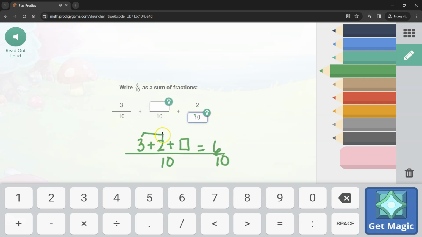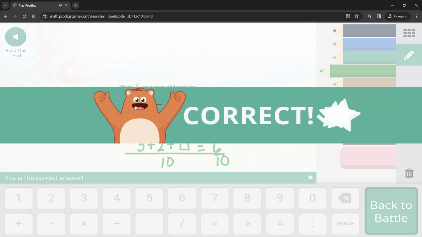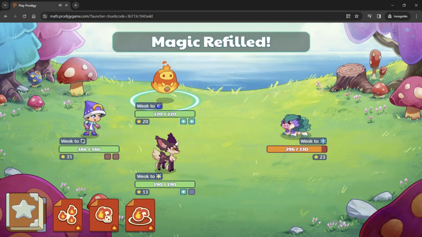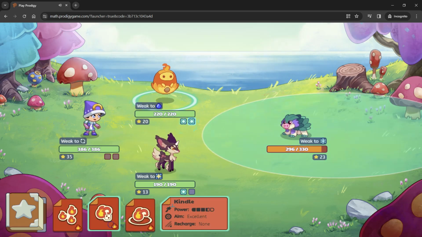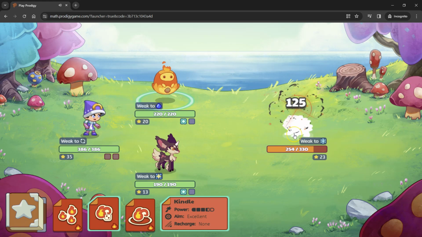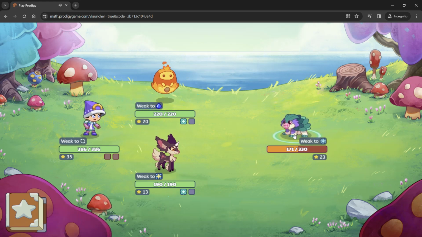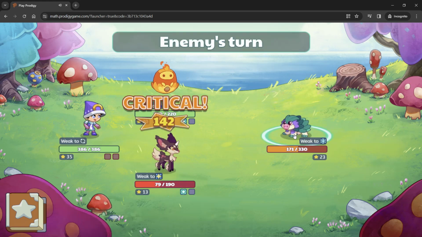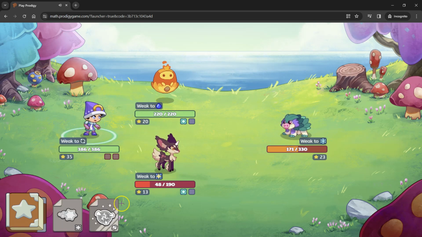Well, 3 plus 2 is 5. So 5 plus 1 gives me 6. I love using Kindle when we only are battling one pet, because that way it will always work.